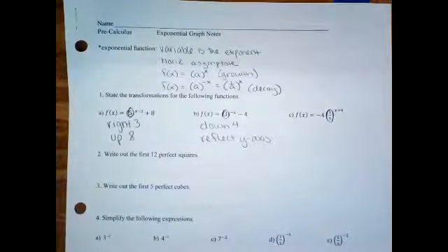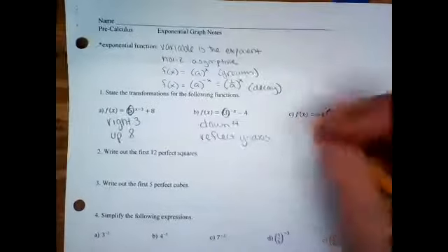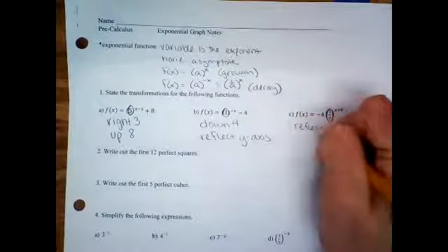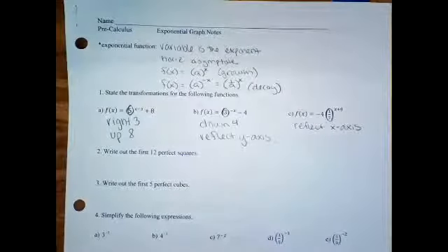If the negative is inside the function, it's over the y-axis. If it's outside the function, it's over the x-axis. So, quick shot at redemption here. Letter C, this negative would reflect over x. Good. And then there are a couple more things for that one. We multiplied it by a 4 out front.